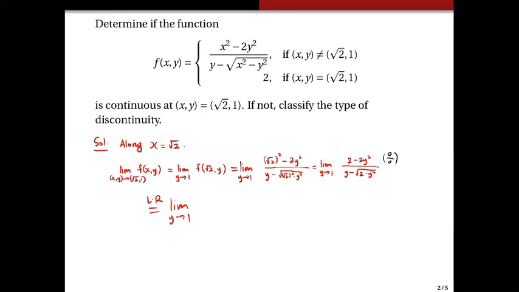The numerator will just have negative 4y. On the denominator, we will have 1 minus the derivative of square root of 2 minus y squared. So try to check. You should get minus y over square root of 2 minus y squared.